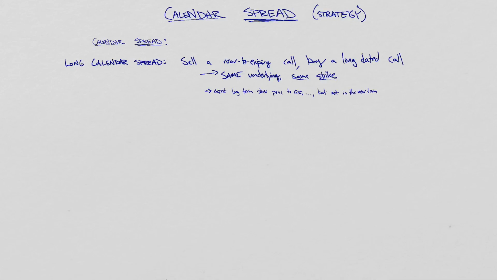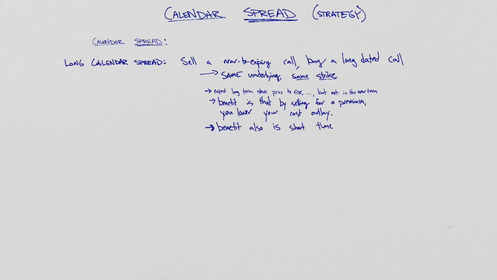And by doing it this way, rather than just buying the long dated call, just like with a bull and bear spread, the benefit is that by selling the short dated call and receiving the premium, you lower your cost outlay. So it's potentially a more profitable approach.